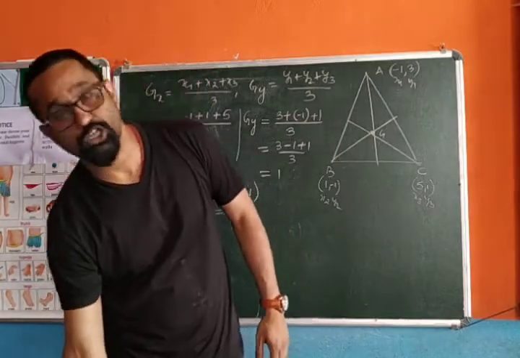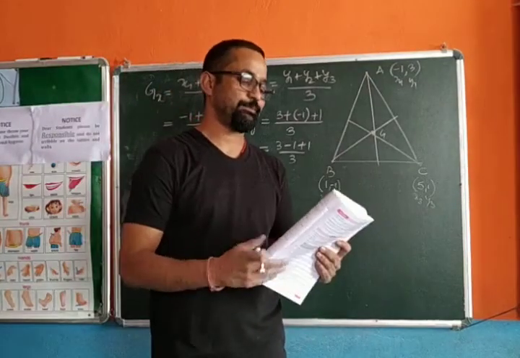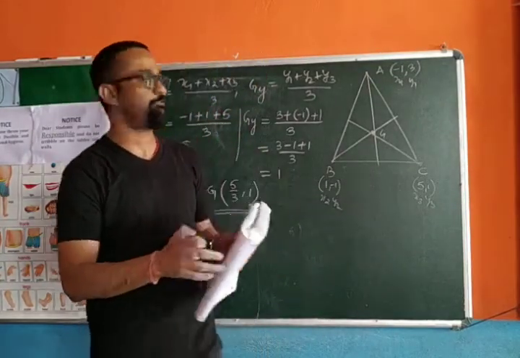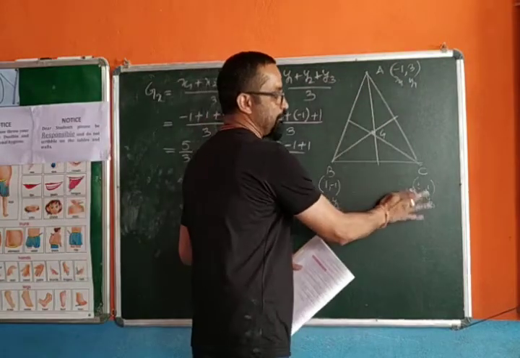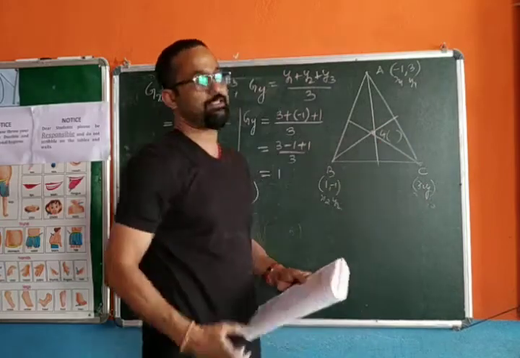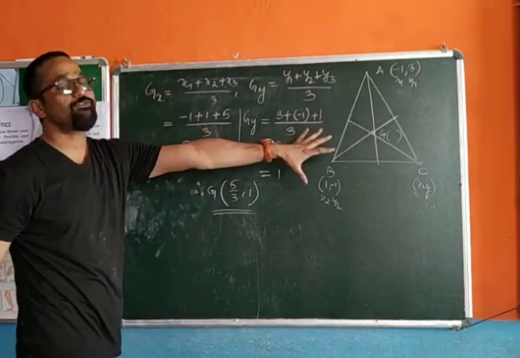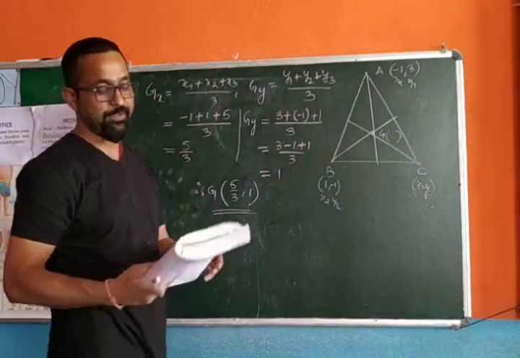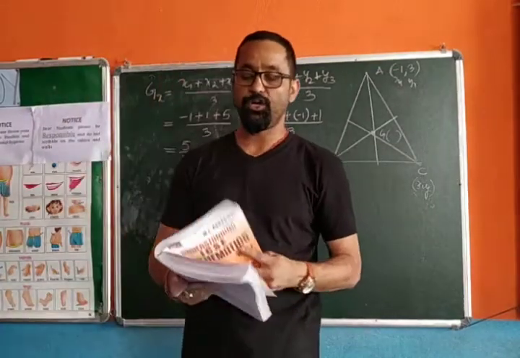You can do question number 28, the same question. Centroid is given, two vertices are given, the third one you can take as (x, y), G has coordinate. Write down the formula and then substitute using the diagram. You can do number 29 also.